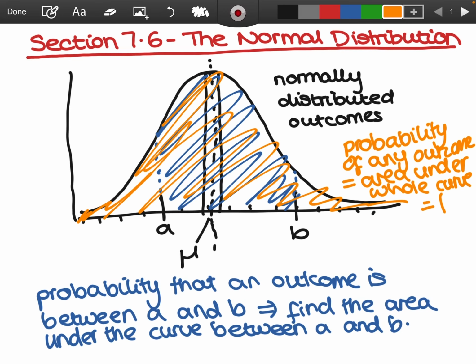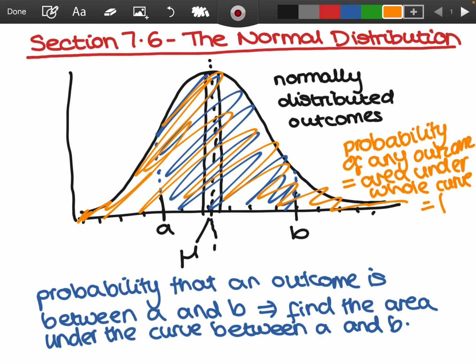Okay, because you have a 100% chance of having some outcome. If I pick a child in the US of, let's say, age 10, and I have this normal distribution curve here that looks at the weights of 10-year-olds, that child will have some outcome on that curve.